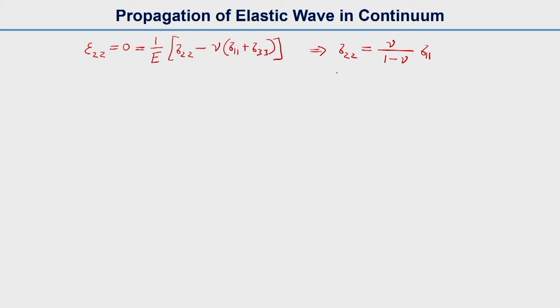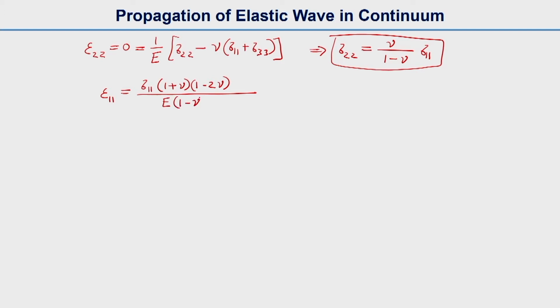So if we replace the sigma 22 in the earlier expression of epsilon 11 with whatever we got here, then the expression will look like sigma 11 times 1 plus nu, 1 minus twice nu, divided by Young's modulus times 1 minus nu.